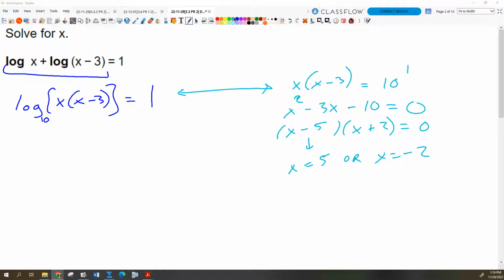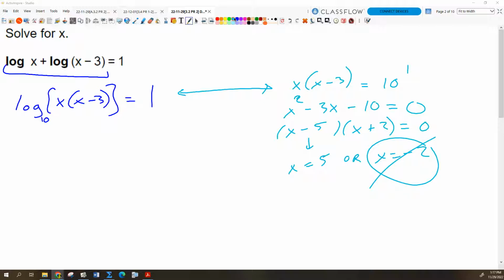And the answer is, I believe you'd have to go to the first one, because if you had a log of a product like that, you'd have to be able to separate it into individual logs. And so you could only choose values of x that are going to be valid arguments for the individual logs. So we would have to discard the negative 2 here. Okay. So that one would go away, and we'd keep the 5.